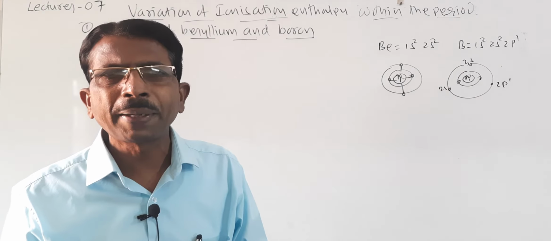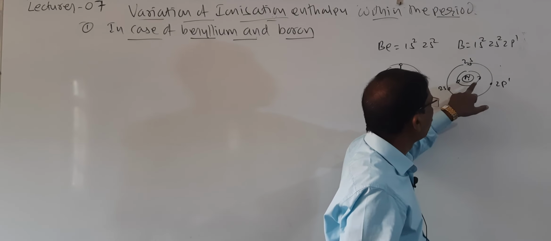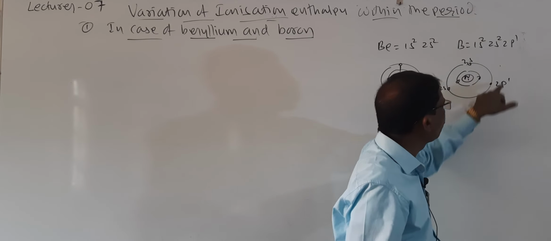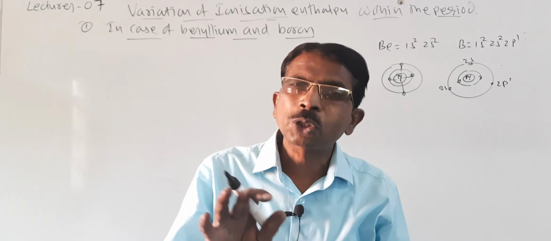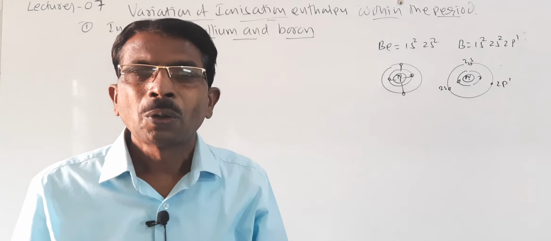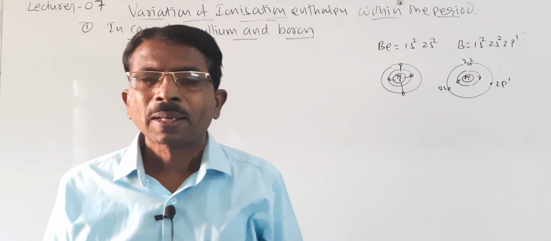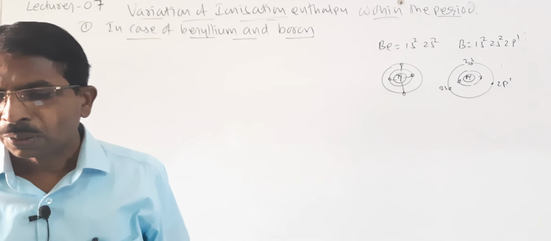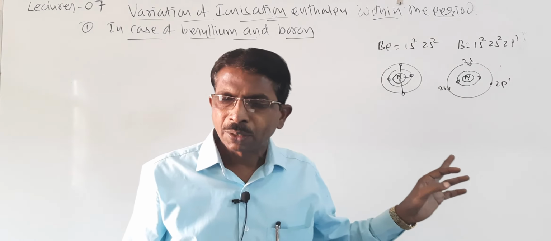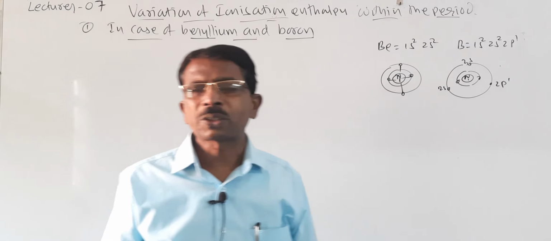But what happens in case of boron? Boron has 1s2 and 2s2, and a 2p1 electron is there. Look here students, very important point. The 2p electron is far away as compared to the 2s electron. In case of beryllium, the 2s electron is closer to the nucleus.